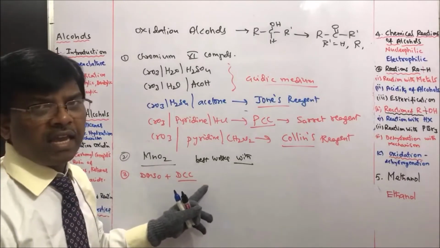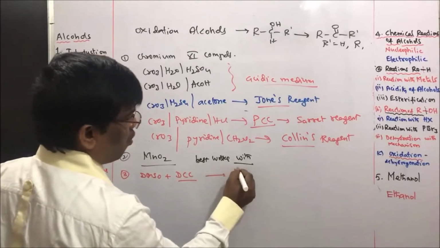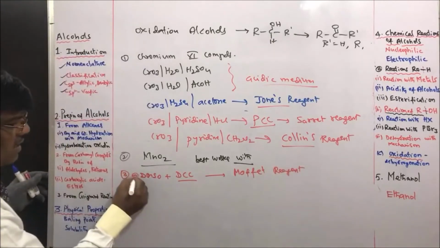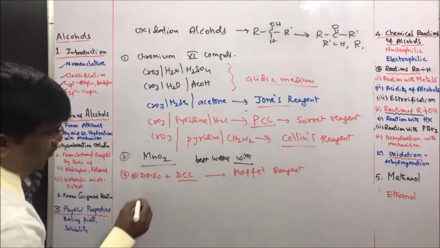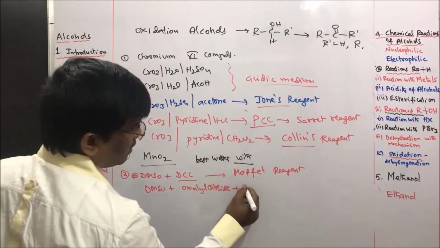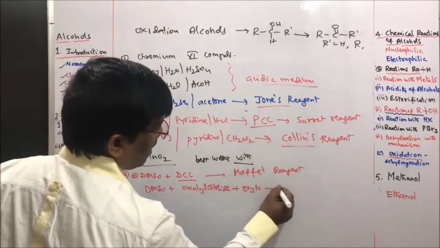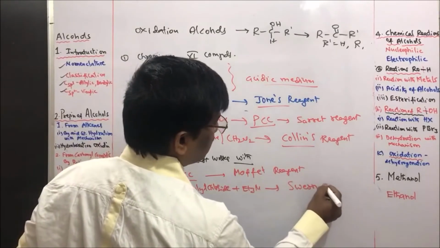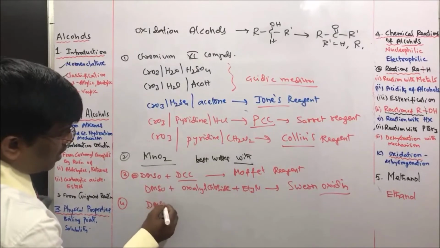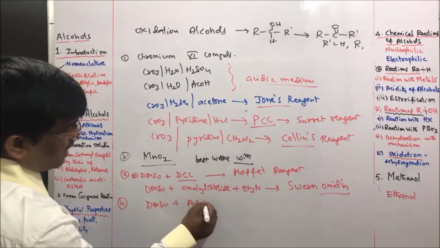Dicyclohexyl carbodiimide, and this is known as Pfitzner-Moffatt reagent. In this category, if I use DMSO with oxalyl chloride plus a base, let us take triethylamine, then oxidation occurs. Next, I can use DMSO in acetic anhydride also.